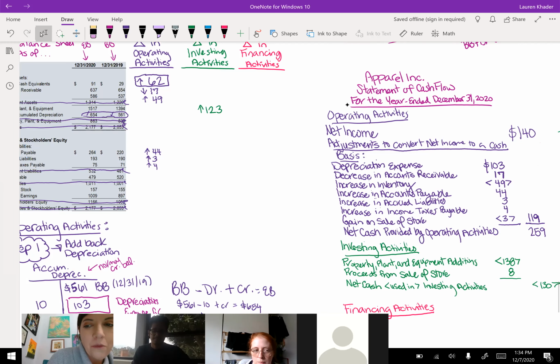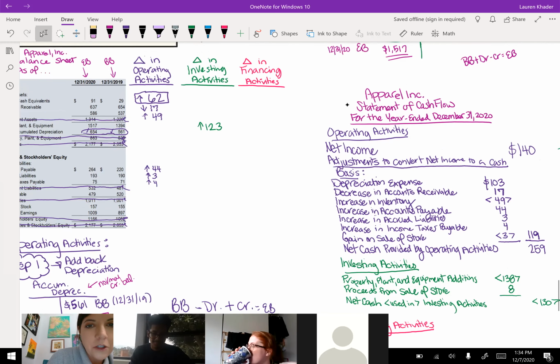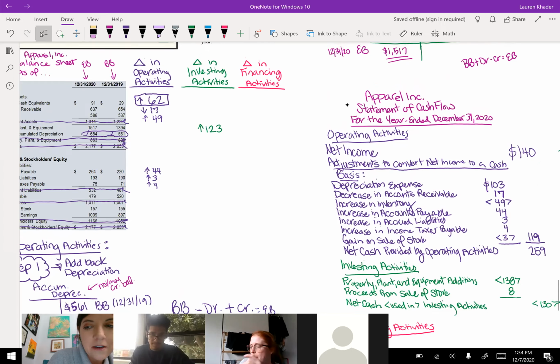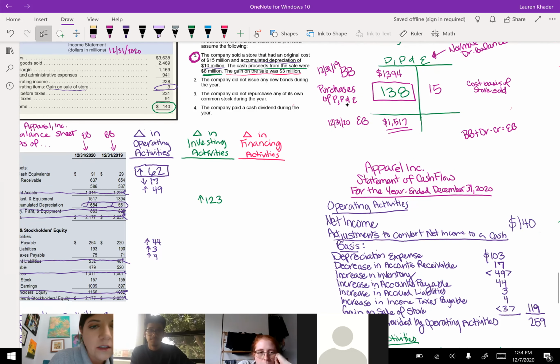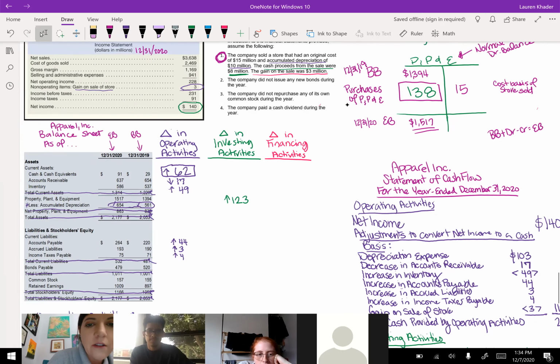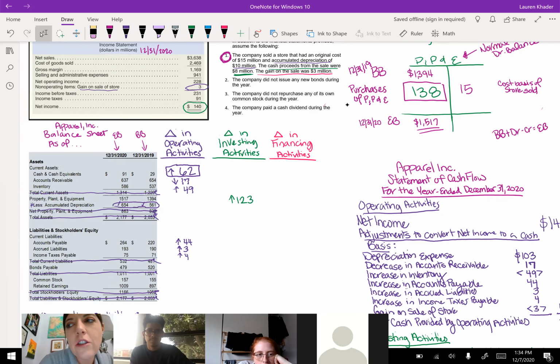Wonderful. We're on to our last activity, financing activities. So financing activities has to do with changes in long-term debt specifically related to the principal balance, the amounts borrowed. So issuance of long-term debt or repayments of long-term debt, as well as transactions with shareholders.